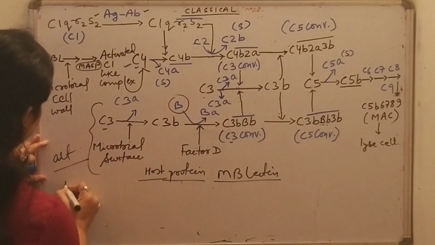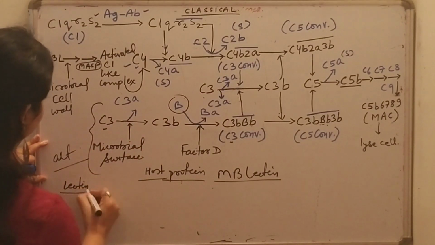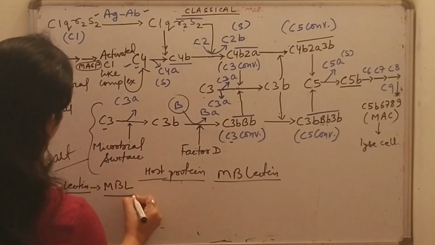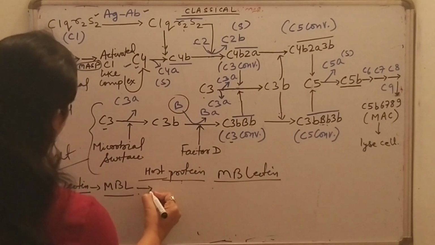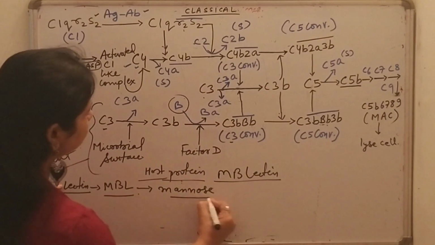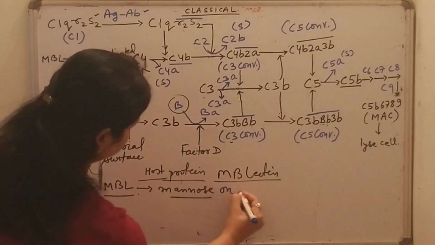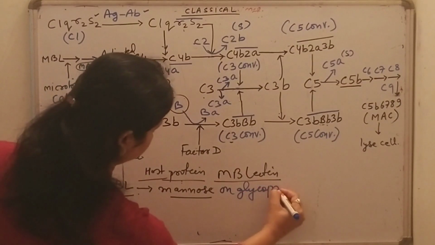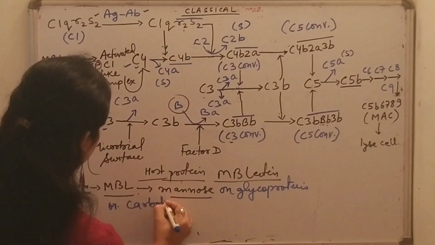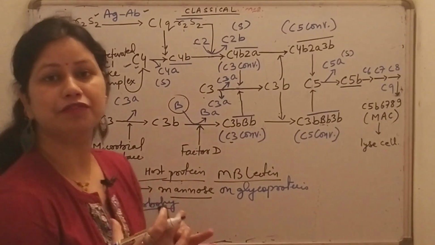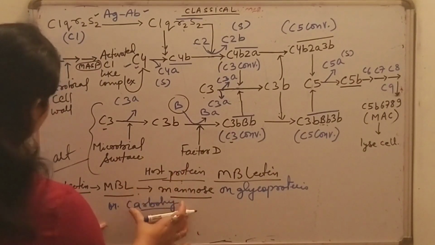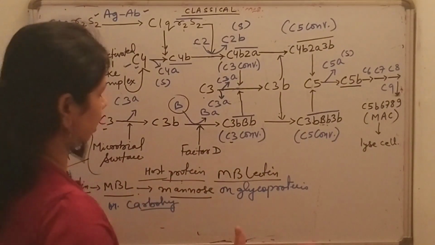So this lectin pathway begins by the binding of mannose binding lectins to the mannose residues on glycoproteins or carbohydrates on the surfaces of microbial cells such as Salmonella, Neisseria strains, some fungi, and some viruses such as HIV-1.